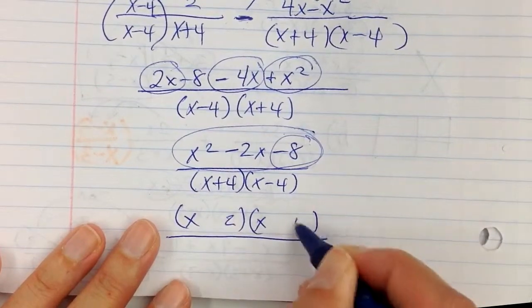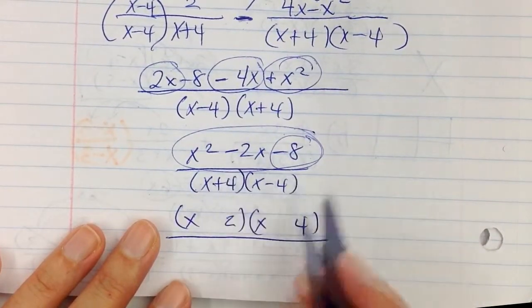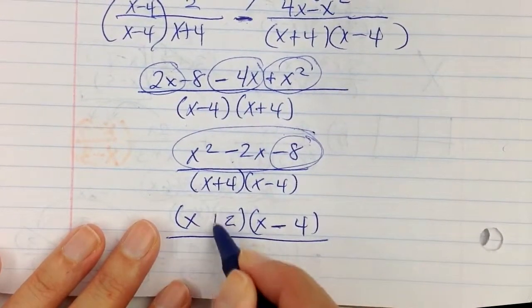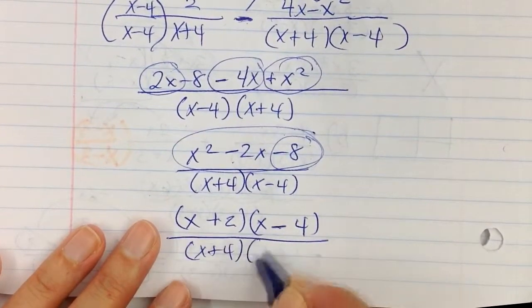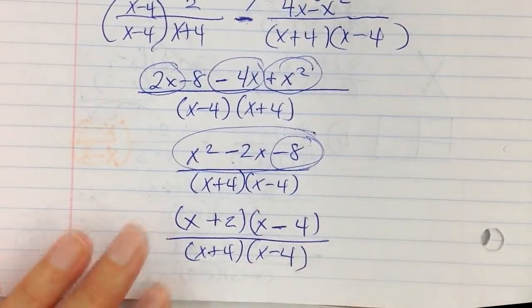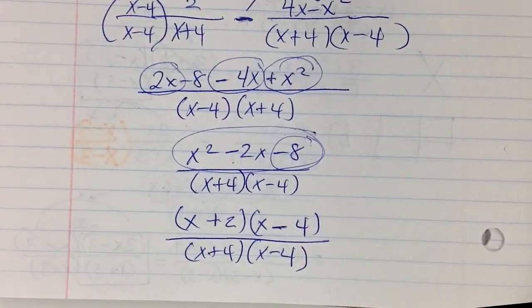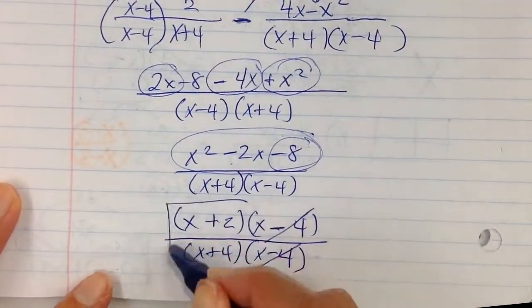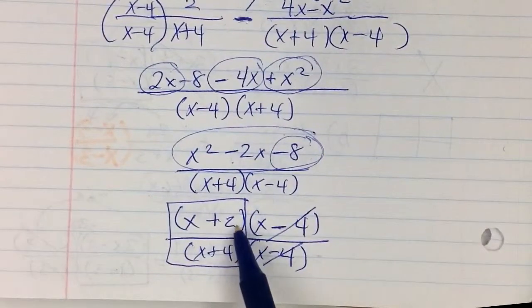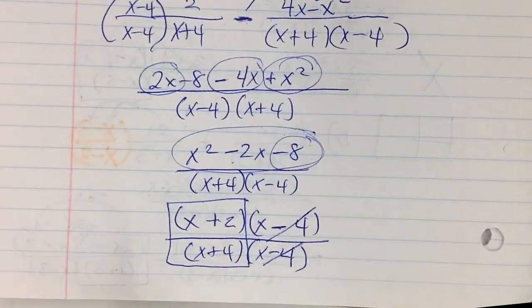And it's a negative 2, so we'll make that a negative 4 and a positive 2 to get a negative 2. X plus 4 times x minus 4. And these x minus 4s will be the same, so we can cancel those out. The more you cancel, the better. And so we just get x plus 2 over x plus 4, that's how you simplify.